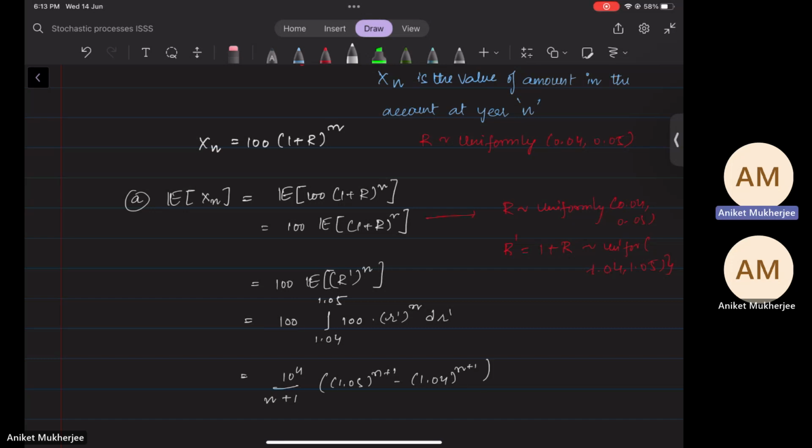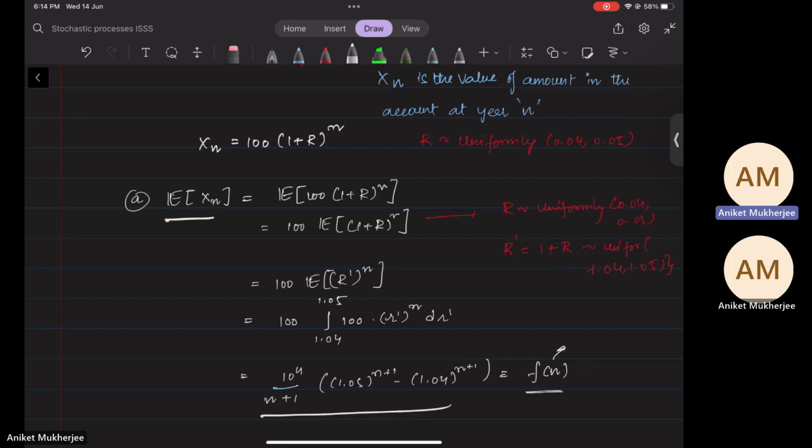So what you see is that the expected value of the amount in the account at year n is a function of n. So it depends on what year you want. Each year the expected amount in the account keeps on increasing. That is what this informs you.